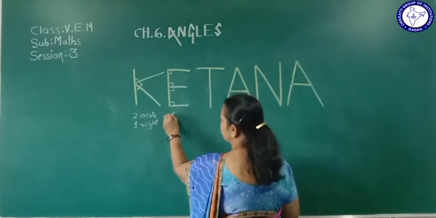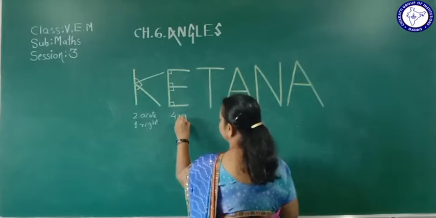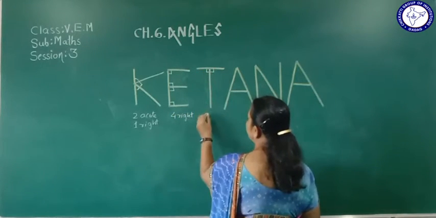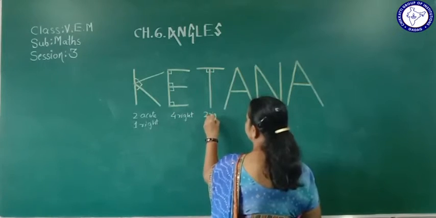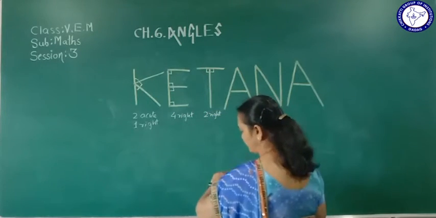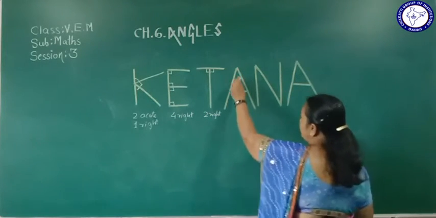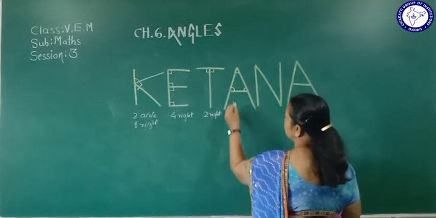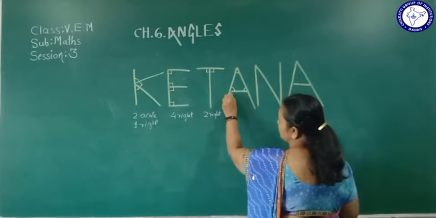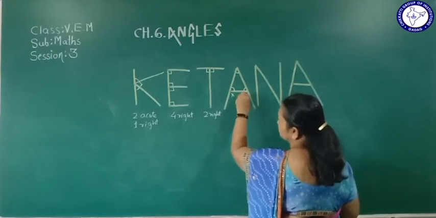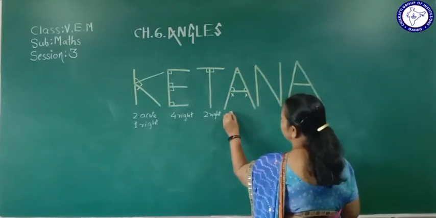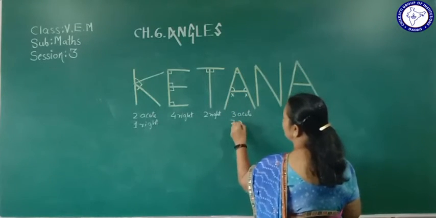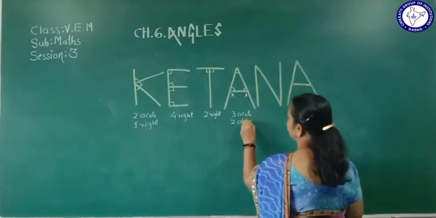Four right angles we are finding. Then in T, I am finding two right angles. Okay. Then here in A, this is acute angle, here is acute, and two obtuse angle. So we get three acute and two obtuse, isn't it?